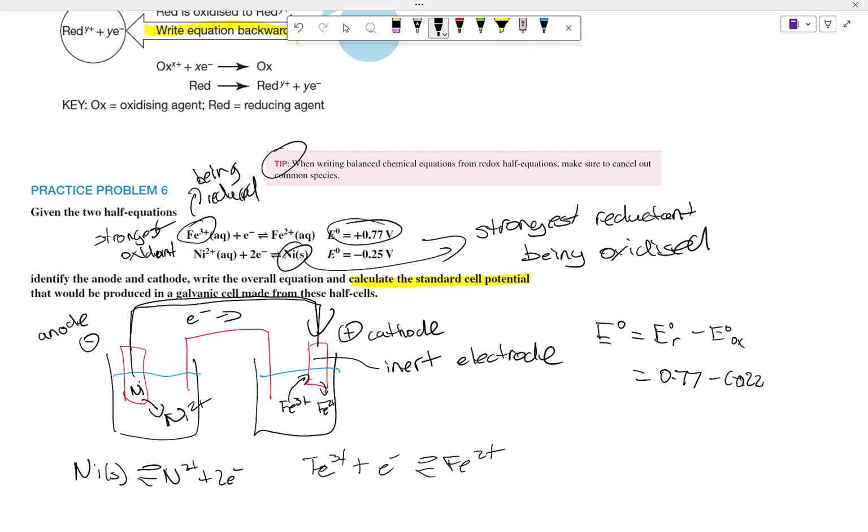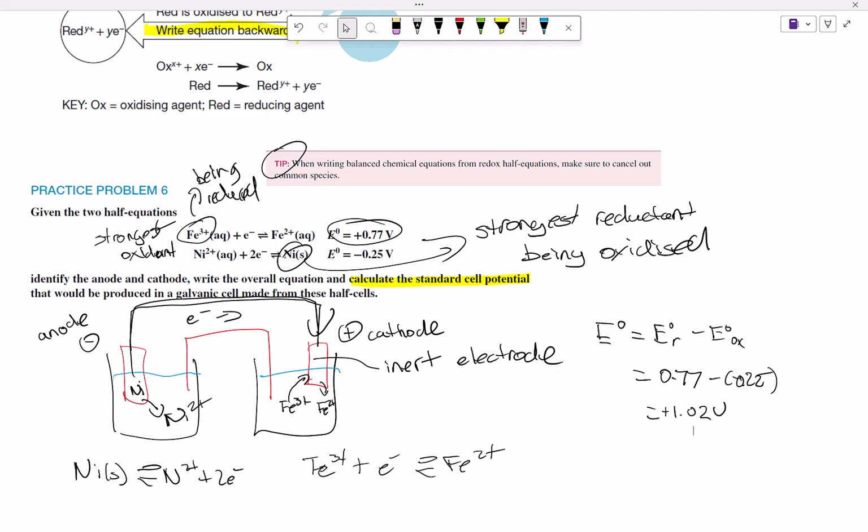So it's going to be 0.97, 1.03, so 1.03 volts positive. So that's what my E naught would be for that one. Sorry, slight correction. Clearly my maths was slightly off there. 1.02 volts. You should be getting those numbers. Use a calculator, not try to do it in your head.